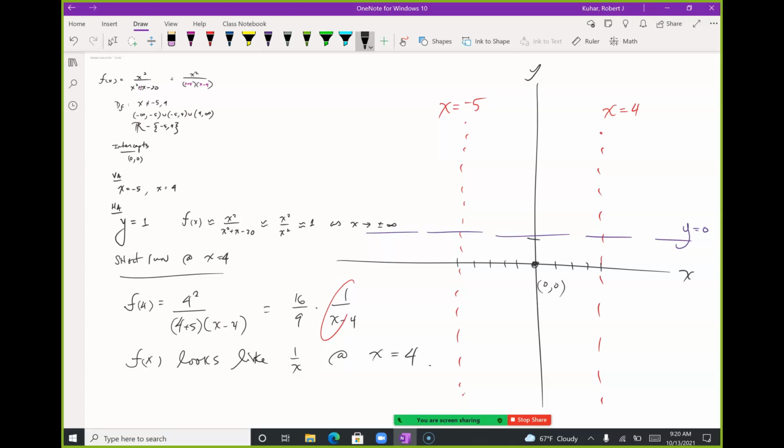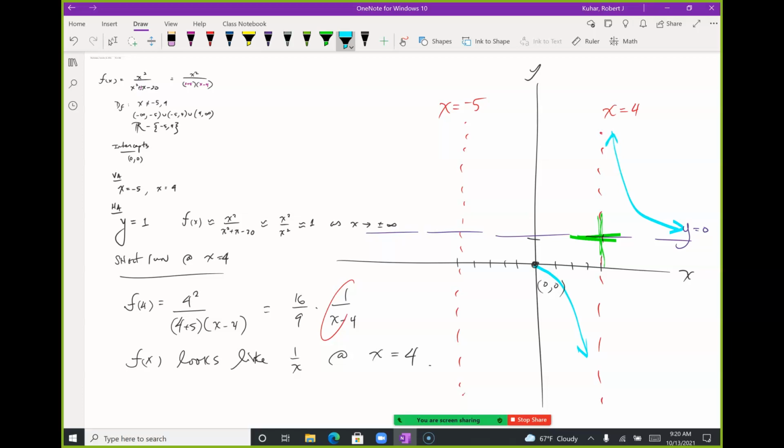So at 4, it should look like 1 over x. So I've got like a new origin over here. And I know my function is doing something that looks like 1 over x. So something like this and something like this. I'm looking really close to the line x equals 4.